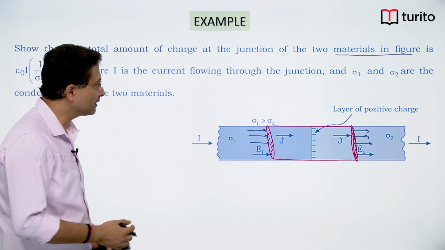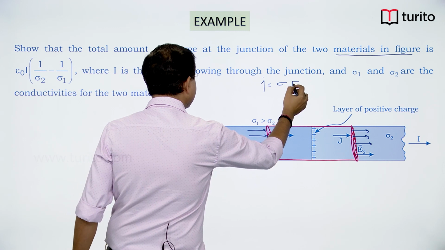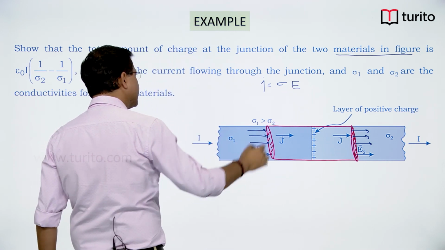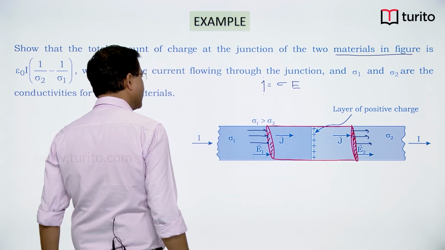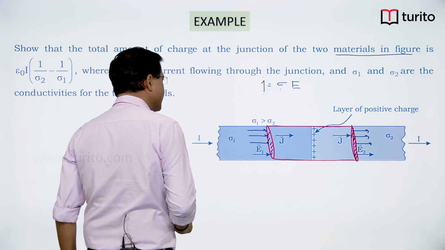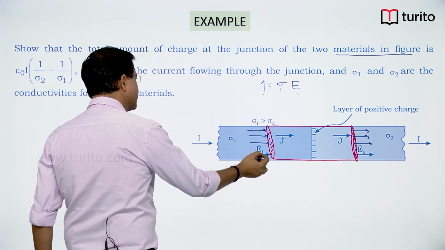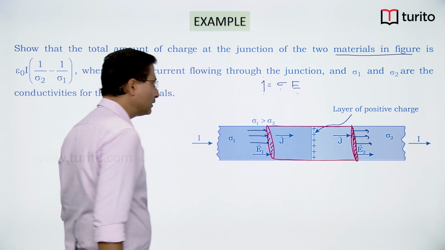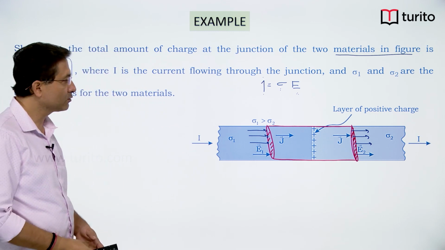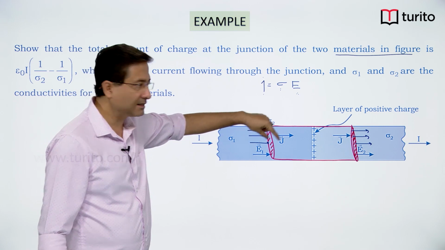If current density is the same, we know J is equal to sigma E. With the same current density but different conductivity, the field will be different. Here these are E1 and E2, and they are inversely proportional to the conductivities. So if sigma 1 is greater than sigma 2, that means E1 is less than E2.